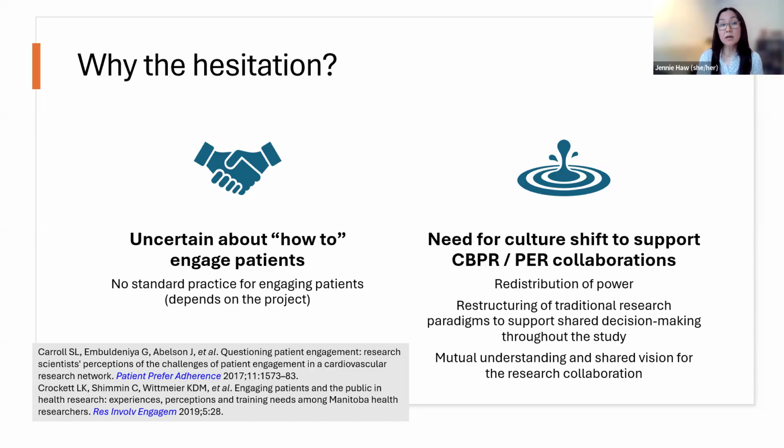So again, this is about researchers and community members, patient groups, developing a shared understanding, shared goals for what they want to see from their research collaboration. And that takes time, can't be rushed, and also requires relationship building and trust building.